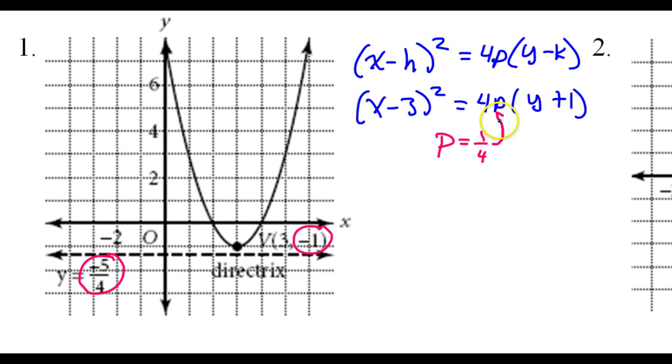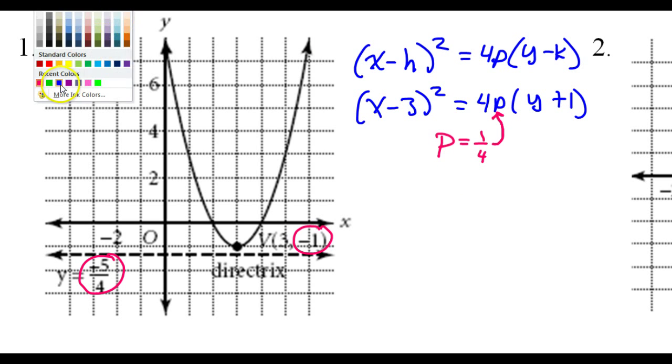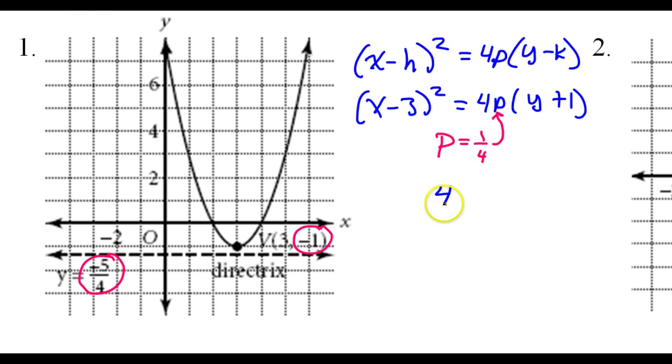Now if I substitute 1/4 in for p, then what happens? I've got 4p becomes 4 times 1/4. But 4 times a fourth is equal to 1. So 4p has a value of 1.